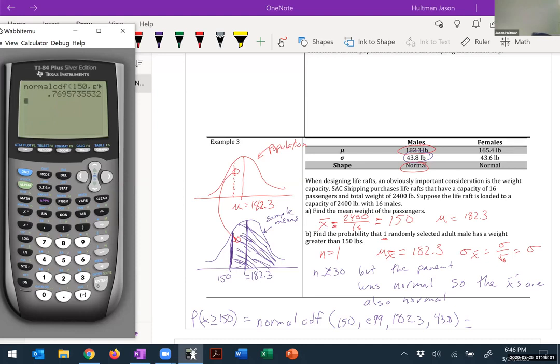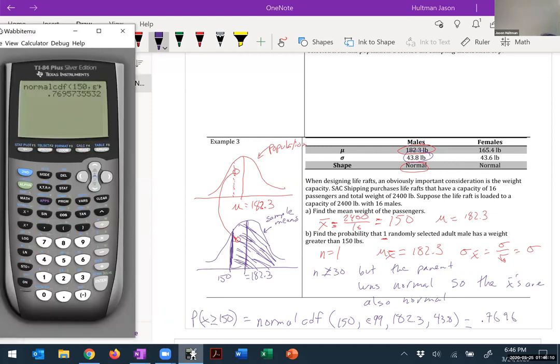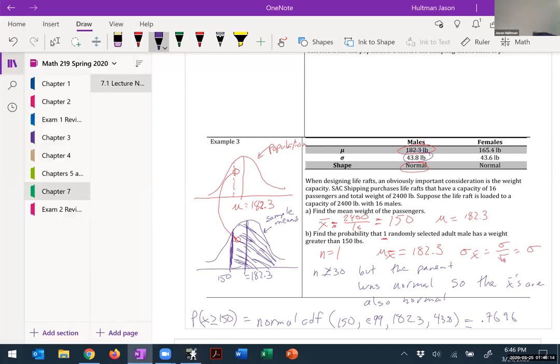And it comes out to be 0.7696, I believe. Yep, 0.7696, or about a 77% chance. There's a 77% chance of somebody being above 150.